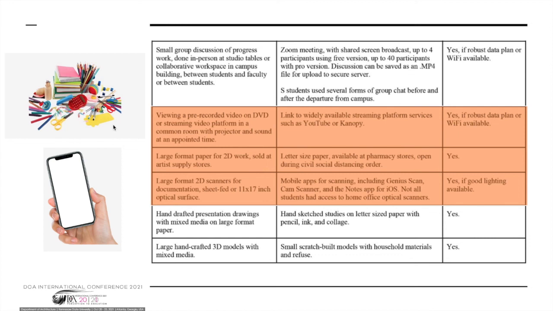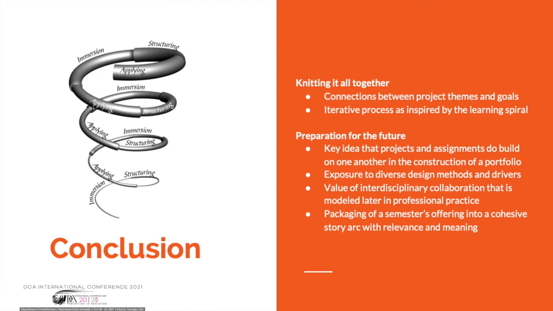So we had to really think about how projects could be modified around school supplies and office supplies that are available in their homes, and how they could interact and deliver and scan and photograph any products that they did with their mobile phones. And so we learned a lot about the different apps and modalities and how we could leverage the mobile phone to help them do that.